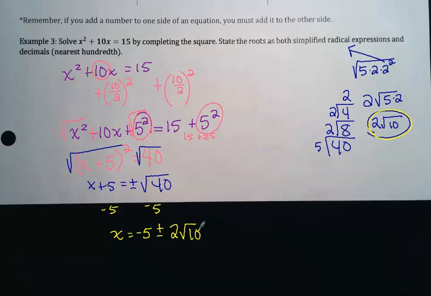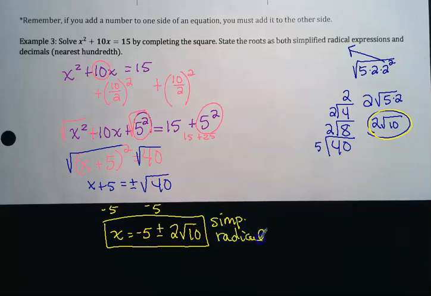Okay, so x is equal to negative 5 plus or minus 2 square root of 10. All right, this is the simplified radical. That's our simplified radical expression. That's one thing we needed to do.